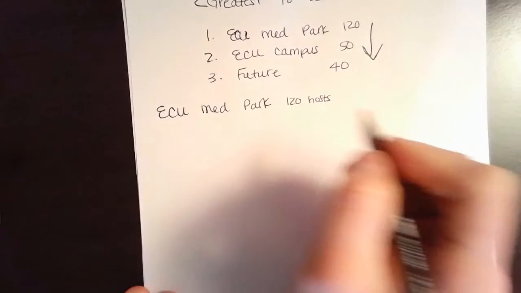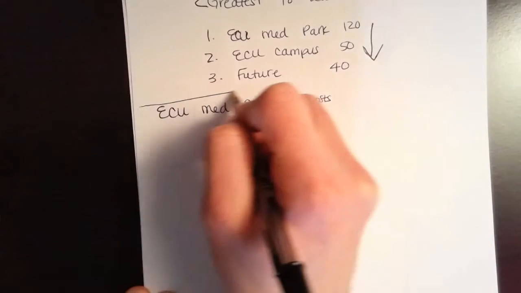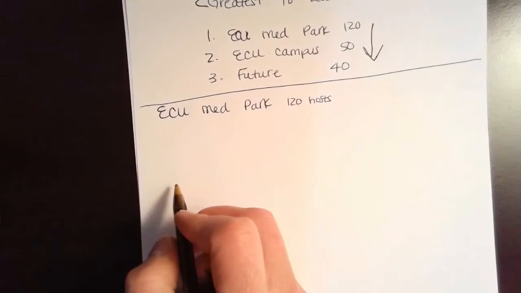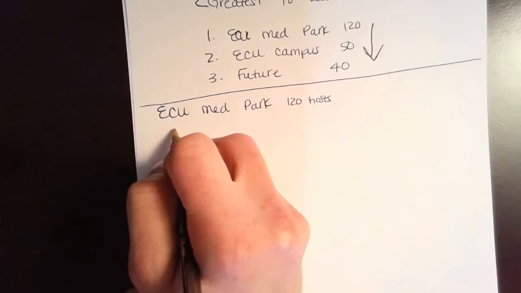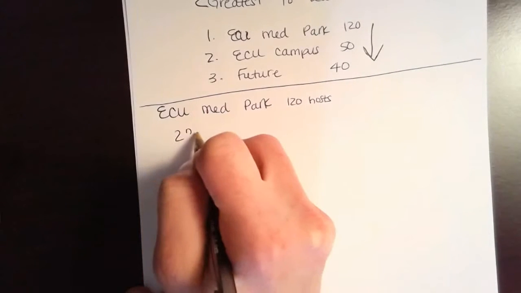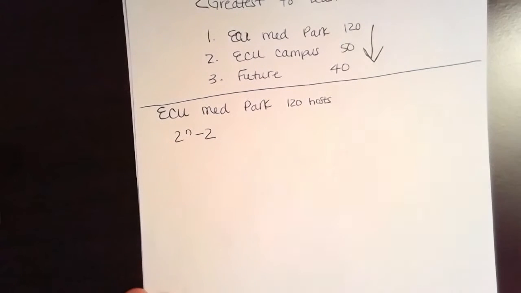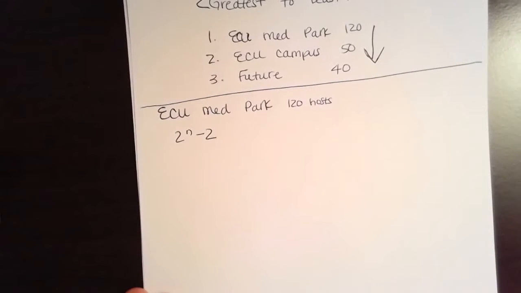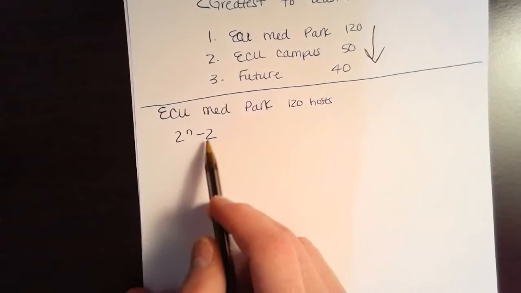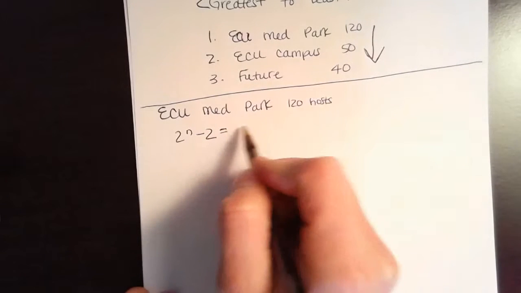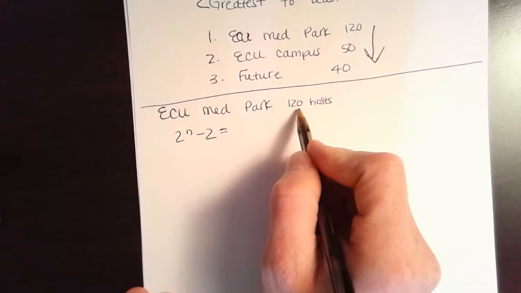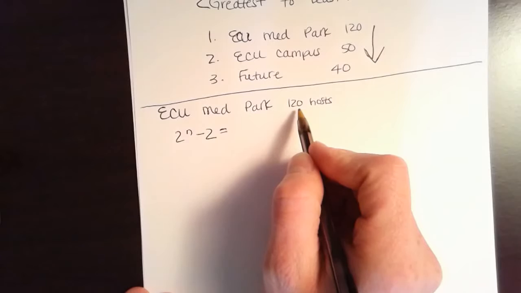Now, you may recall this one formula that we used a lot last semester, which was 2 to the n minus 2. We're going to use that formula to figure out how many placeholders or bits we're going to borrow. This formula needs to be just greater than 120 or right on 120. It just cannot be below 120.